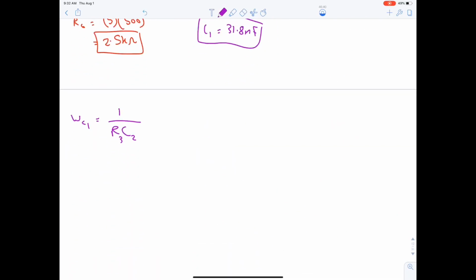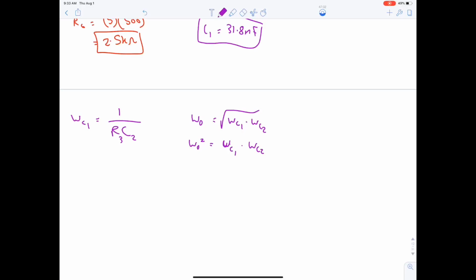We know that omega naught squared is omega C1 multiplied by omega C2.